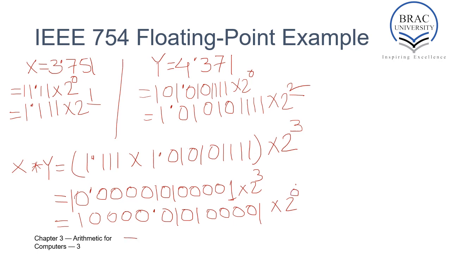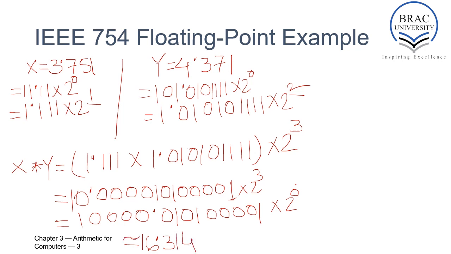Now the decimal value that we get if we take the positional ones and do the addition would be 16.314.